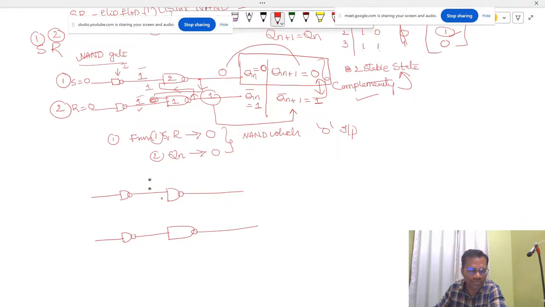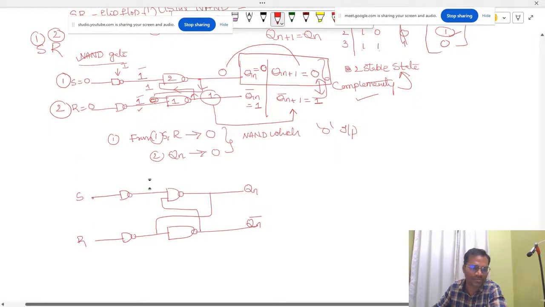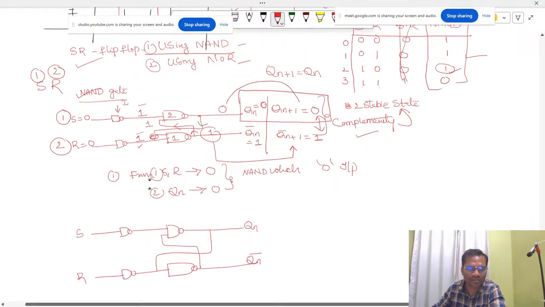So we need to cross couple. The output is connected to input, and this output is connected to input. What are the inputs you are going to give here? First one is called Qn, and another one is called Qn bar. Here let us try to give the inputs. First you have to take S, and another one you have to take R. Let's now implement for the first term only.